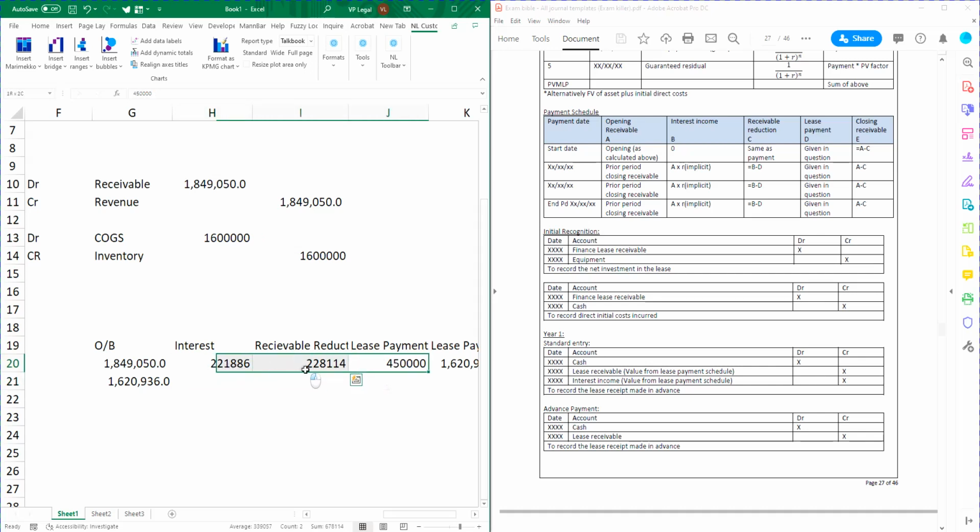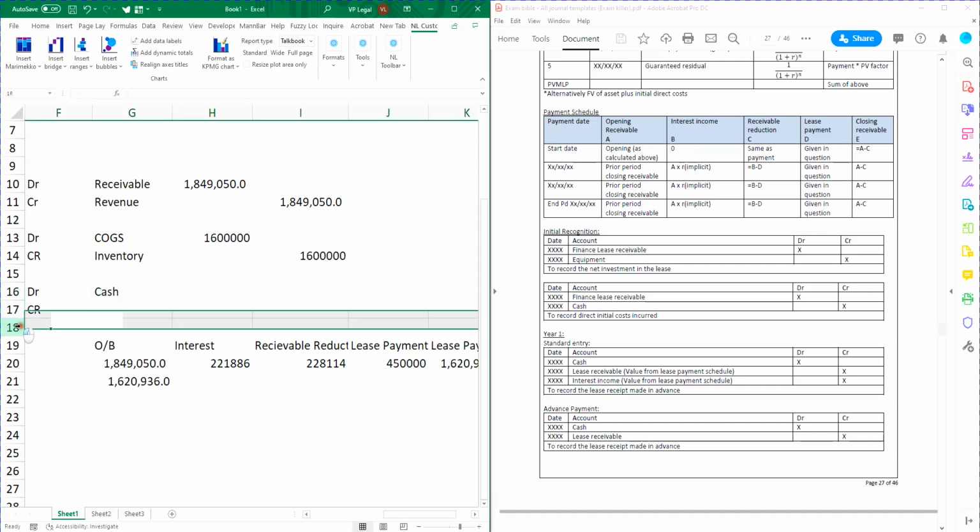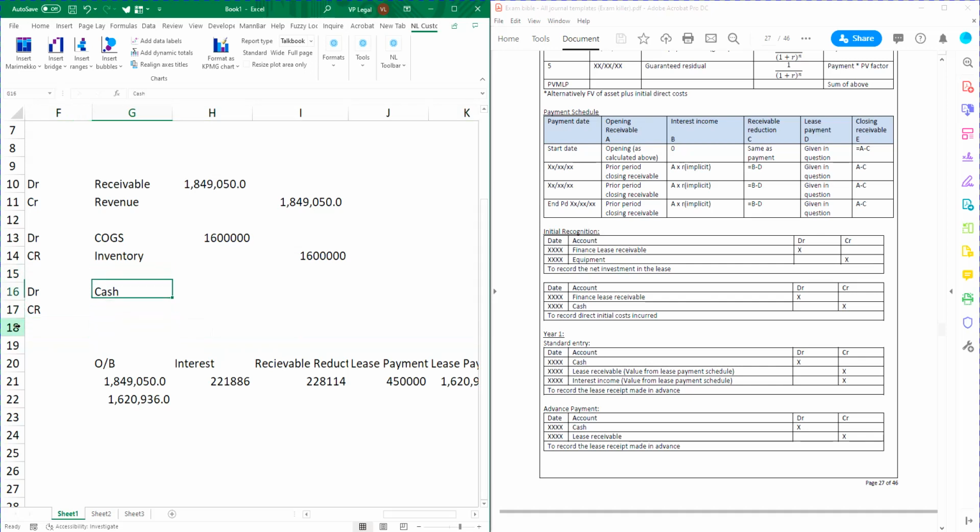So these are the things that are going to comprise our final journal. It's going to be debit cash. Keep in mind this is coming from the perspective of the lessor, the person renting it out. So they're going to be receiving the cash, and that's going to be 450k. And then they're also going to have interest income, which is that.